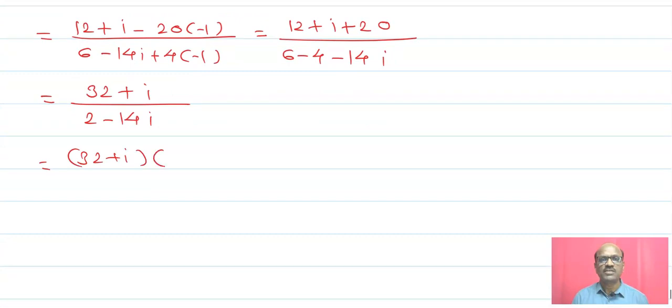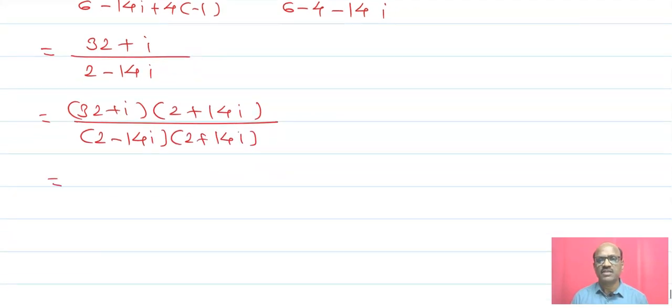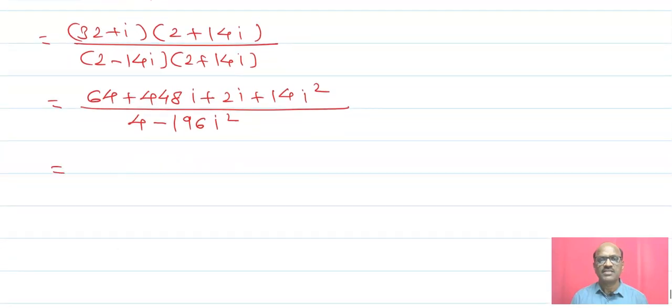Therefore 32 plus i, now multiplied by its conjugate, that is 2 minus 49, multiplied with 2 plus 49. Therefore 64 plus 448i plus 2i plus 49 square upon 4 minus 196i square.